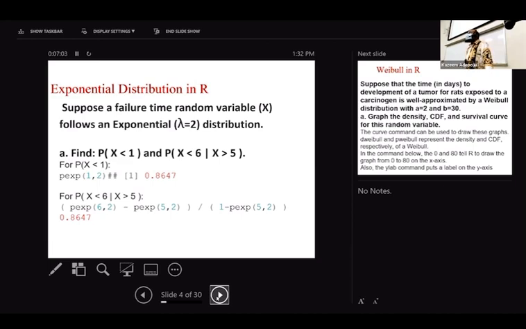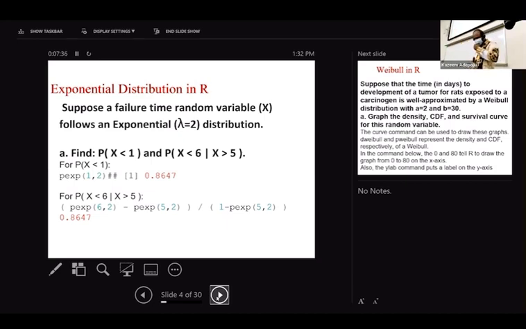Therefore, we need a distribution that has a memory property. The exponential distribution is memoryless. It doesn't consider the state you are in, or where you started from. It assumes the probability distribution is going to be the same all through, and that is not realistic in some practical situations.